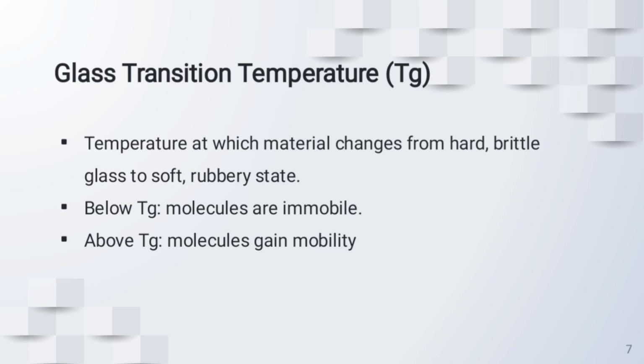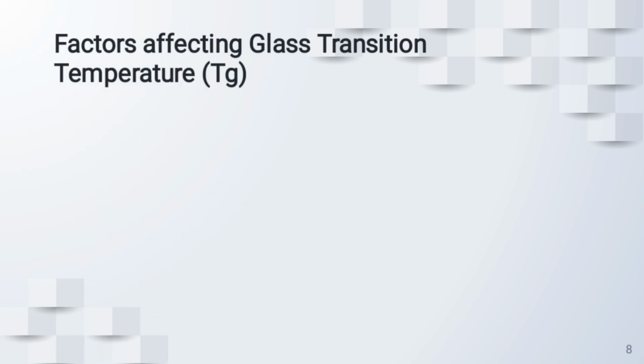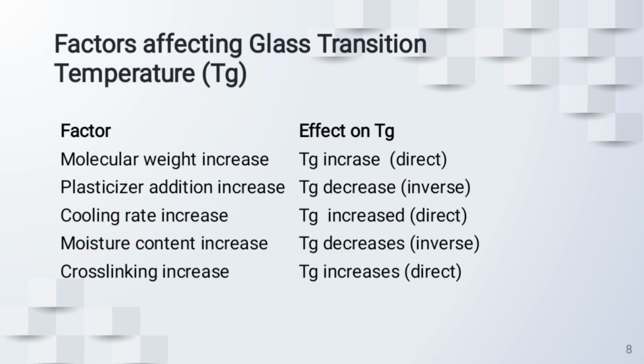Then moving to the next point, the factors which affect the glass transition temperature. So students, here you can see the various factors which influence it. The first one: if the molecular weight increases, the glass transition temperature also increases, which means it is directly proportional. Then if plasticizer addition increases, then Tg decreases.